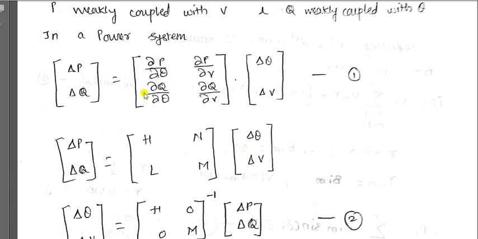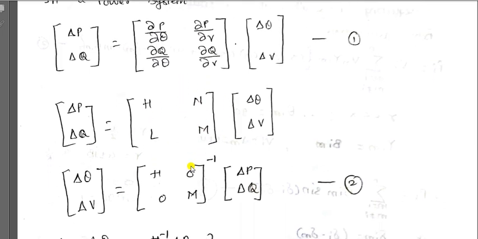Now we can simplify this equation and write it like this, where this matrix is called the Jacobian matrix. The Jacobian matrix has many elements, therefore we are going to subdivide it into 4 matrices as H, N, L and M. So we have subdivided the Jacobian matrix into 4 submatrices.